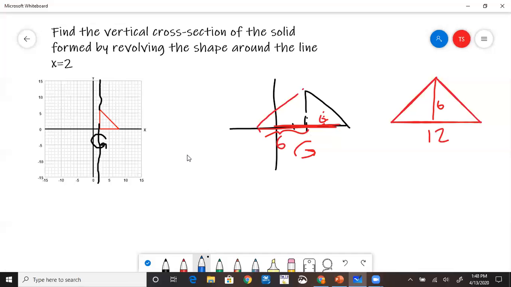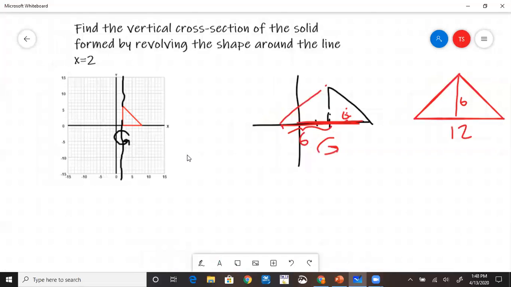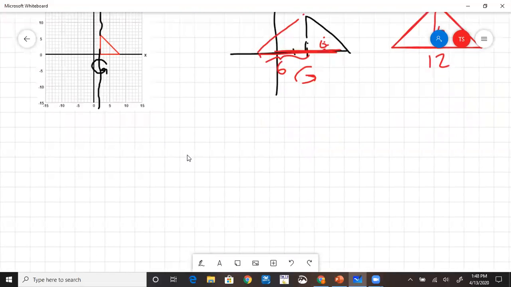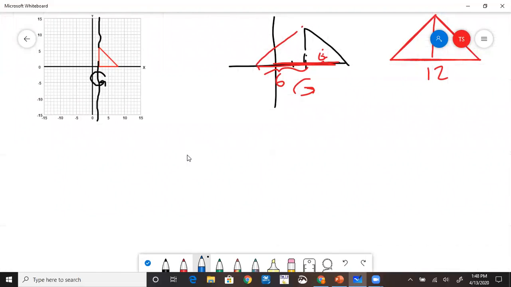So what if, instead of going about x equals 2, let's change this and say I want to take this shape and revolve around the line y is equal to 0. So now I want to take this red triangle and spin it around y equals 0, which is going to be your x-axis.